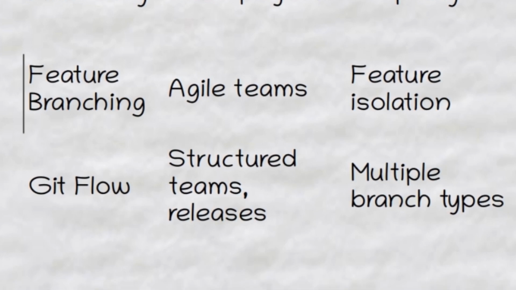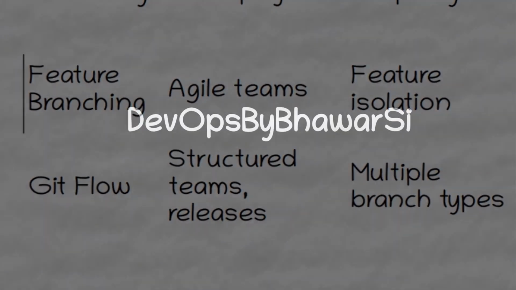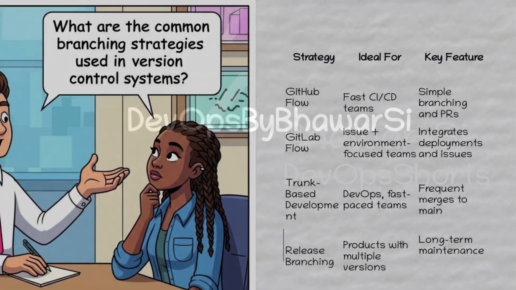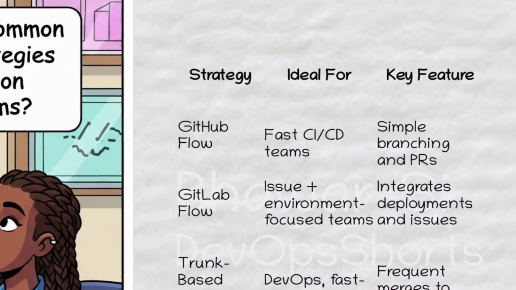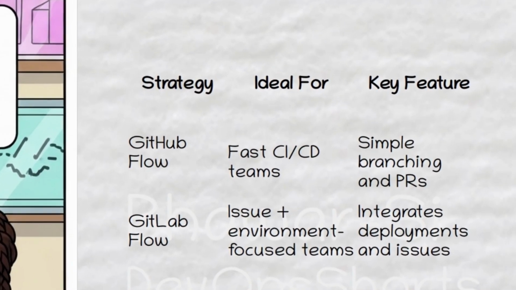Third, Git flow. Here, a structured branching model for managing releases is followed. We can have different branches here, like main, develop, feature, release, and hotfix. This is good for large teams. Fourth, GitHub flow. Here, a branch is created from the main branch, changes are pushed to the new branch, and then you open a pull request, review it, test it, and merge it.